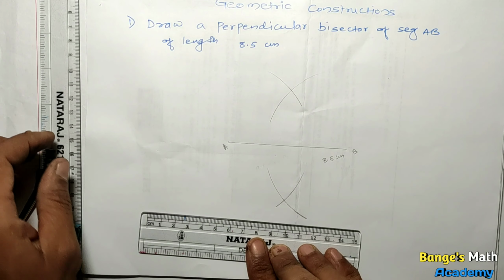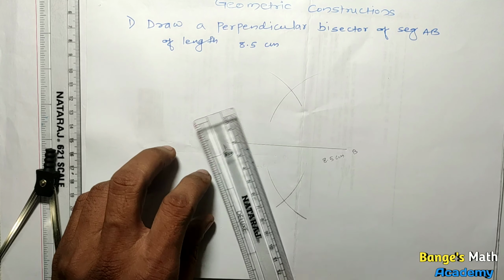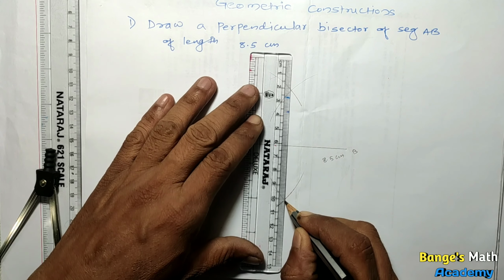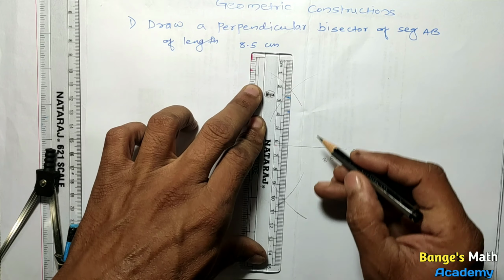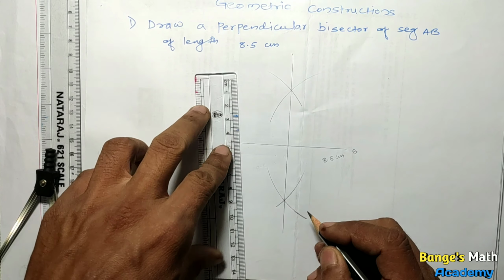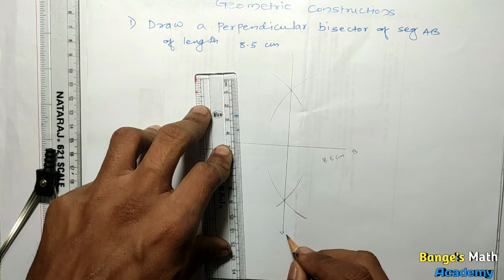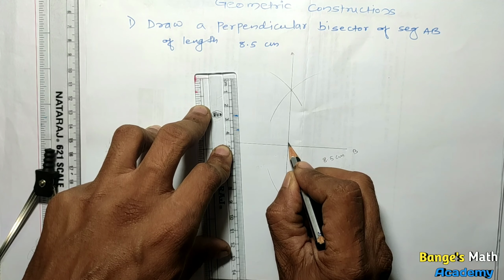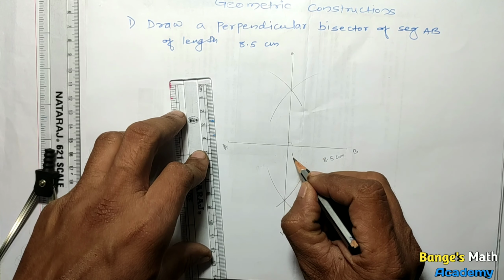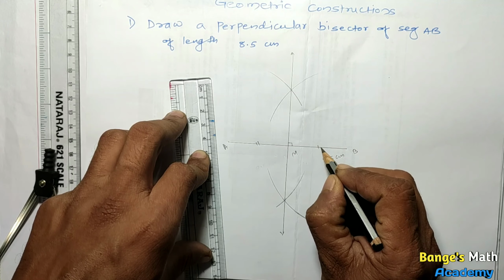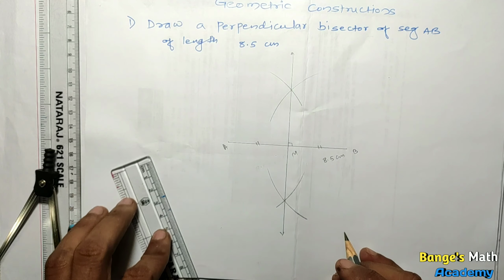Then join them with the help of a ruler. So segment AM is congruent to segment AB.